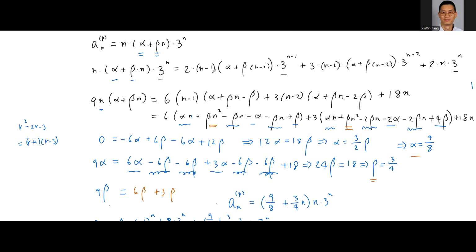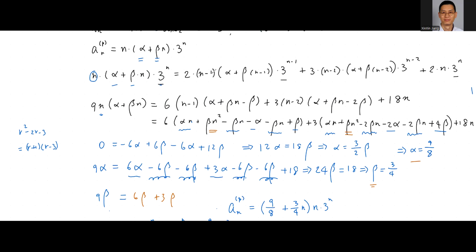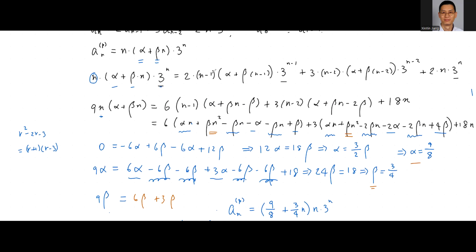But if we don't have this n, which means this 3 would be different from the root of the characteristic equation for the homogeneous part, then it would be simpler, okay? It would be simpler. But for this one, actually, I don't see the second method is much beneficial. But anyway, these are 2 methods.